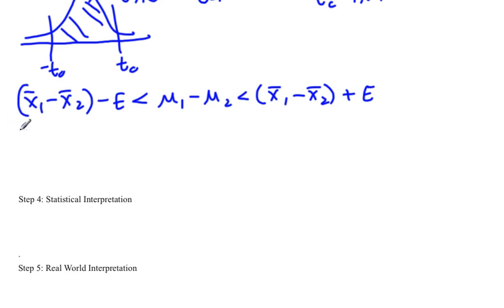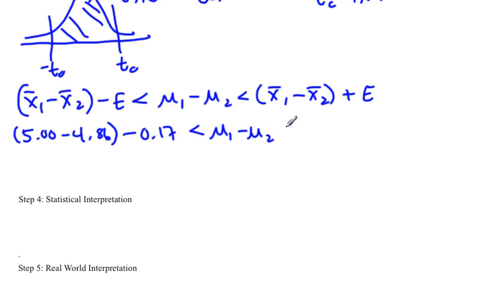So we know that our sample means are 5.00 and 4.86. Then you're going to subtract off 0.17, the e we just calculated. And then we do the exact same thing, 5.00 minus 4.86, and you're going to add that e.